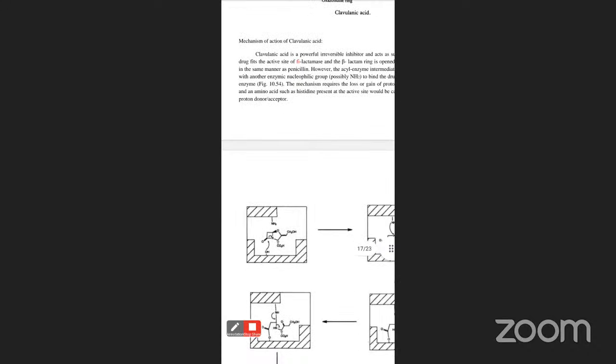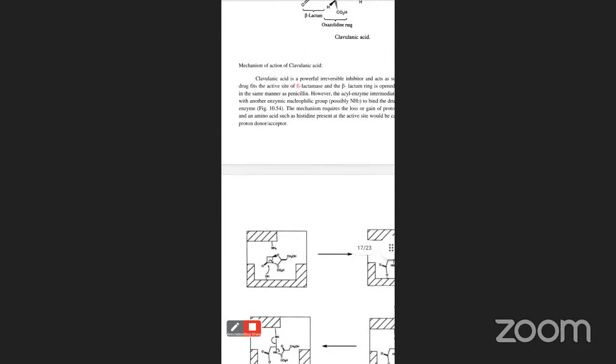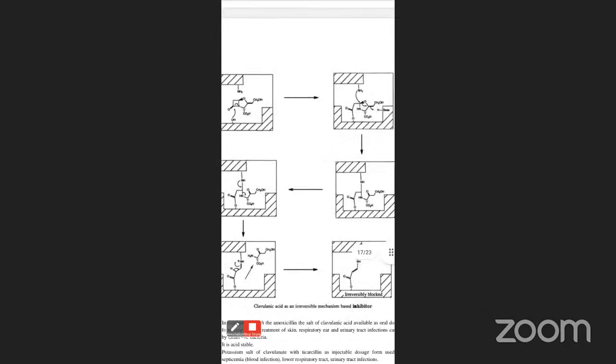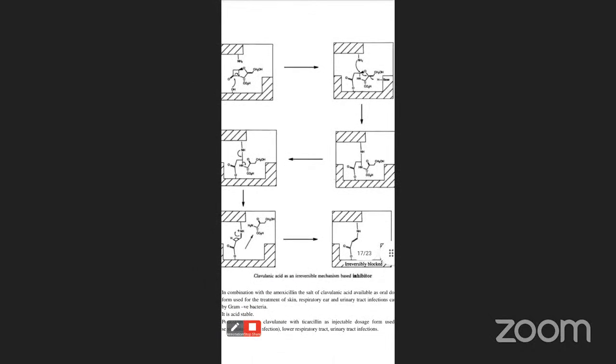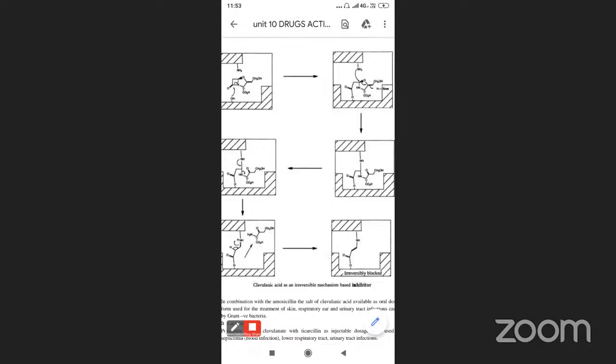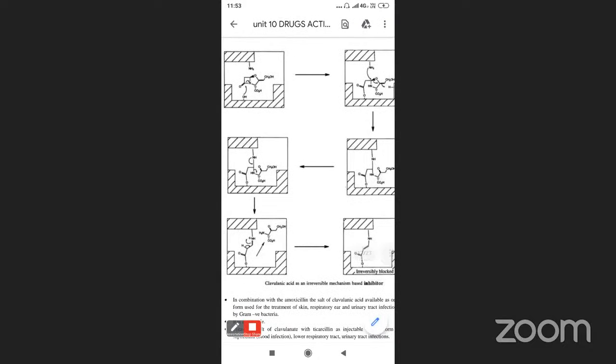Now the mechanism of action, right? The same mechanism is followed as in penicillin, right? But the only thing is, there it takes place on the surface of the transpeptidase enzyme, and here it is attacking the surface of the beta lactamase enzyme.